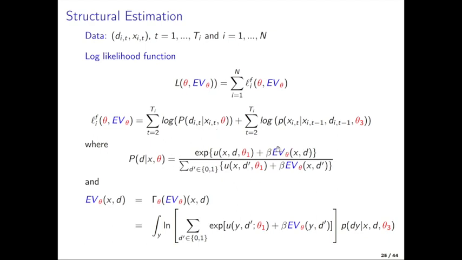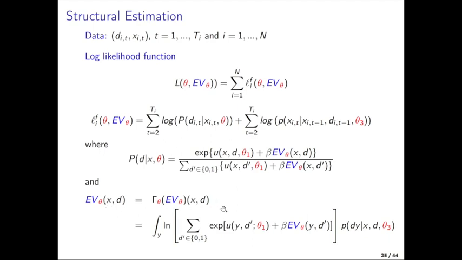But there's a tricky thing here. The expected value function enters into the choice probabilities, which means that in order to actually calculate the likelihood function, you need to solve for the expected value function. How do you find that? Well, we don't have any closed form solution for the expected value. We need to solve a dynamic program. This is what you do by solving this functional equation down here.